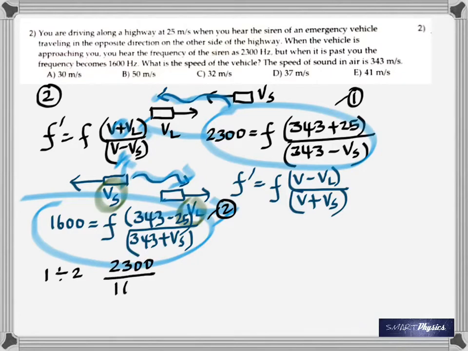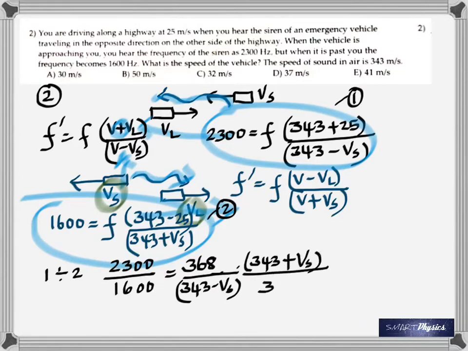If you divide 1 by 2, well, you may also solve this in other ways, but this is what you get. On the left side, you just divided 2300 by 1600. On the right side, you know that this is going to flip, so that's why you have 318, which is 343 minus 25, and 368 is 343 plus 25.